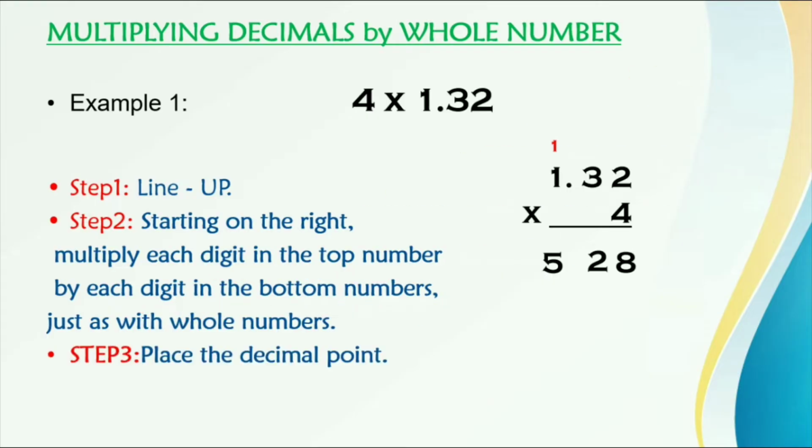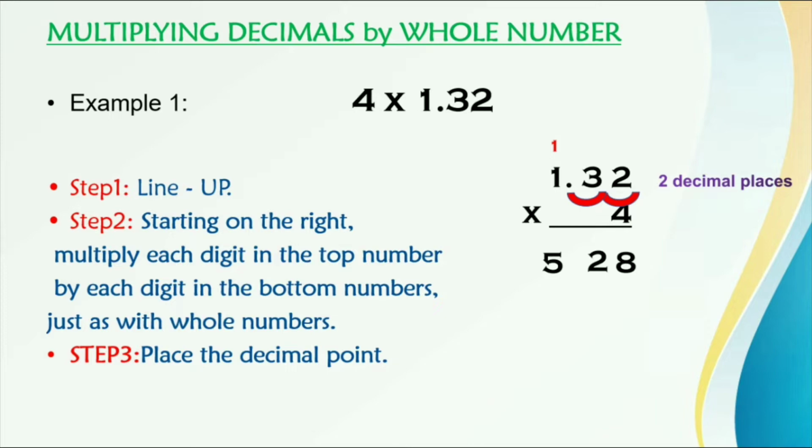Okay, ngayon, step 3 natin is place the decimal point. Okay, paano natin gagawin yung decimal point? Bilangin muna natin yung decimal point na nasa factors. Okay, so meron tayo dun sa ating digit sa taas na ilang place ng decimal points? 1, 2. Okay, so we have 2 decimal places.